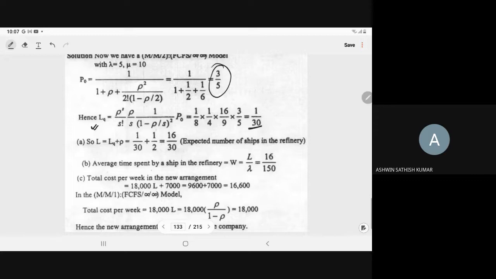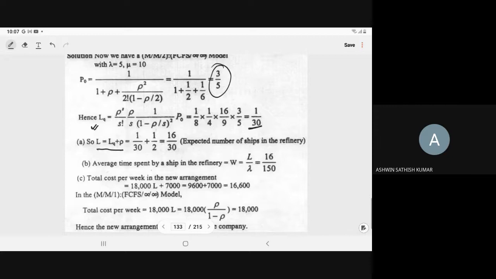From the value of LQ, we can compute L using the formula L is equal to LQ plus rho. Means in sequence only you can determine, directly you cannot apply the formula. So first you have to come to the multi-server model. When we have the multi-server infinite capacity, infinite population model, we have to compute first P naught, then LQ, then only you can compute L.